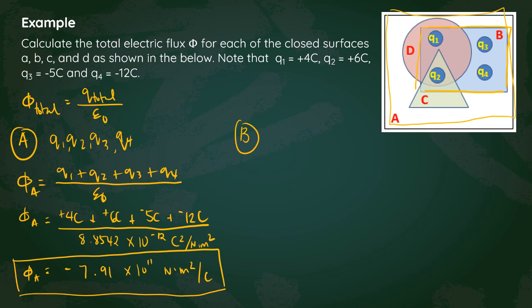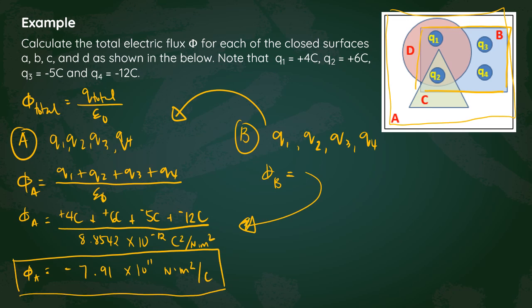If you can see, it's Q1, Q2, Q3, and Q4 as well, similar to surface A. Since it also has the 4 charges, your total flux for surface B will also be the same: the electric flux for B is also negative 7.91 times 10 raised to 11 Newton meter squared per coulomb.